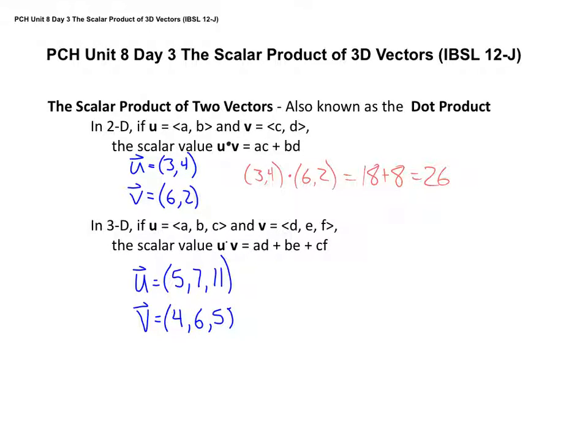Okay? In three dimensions, like a lot of the other stuff we've been dealing with, it's the same concept, we just have a third component to work with. So, here we are multiplying 5, 7, 11 by 4, 6, 5, and we get 20 plus 42 plus 55, which is 117.